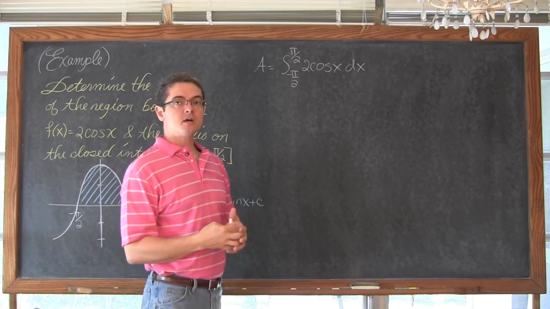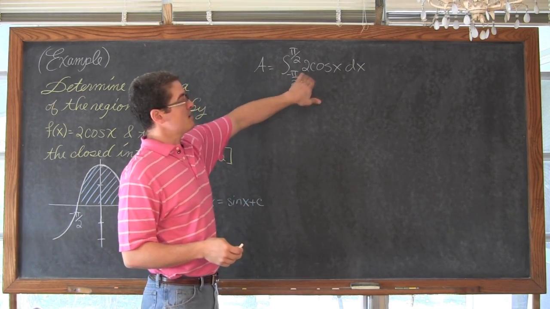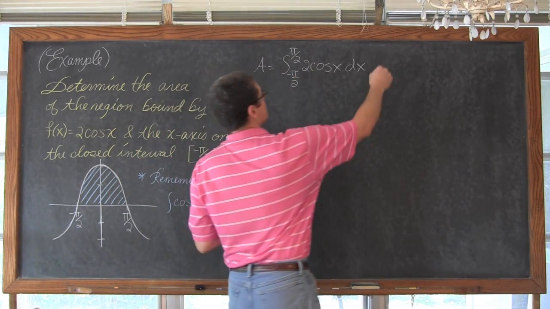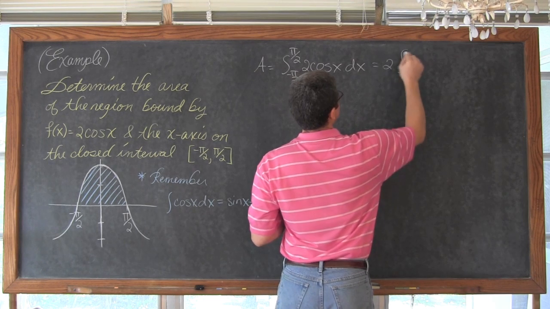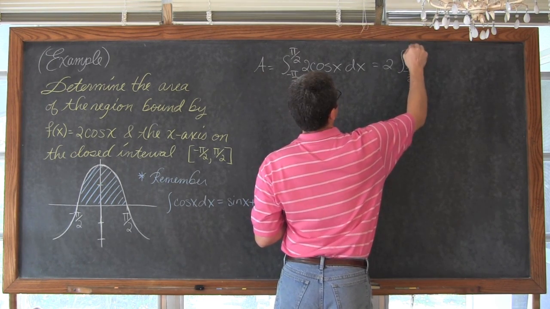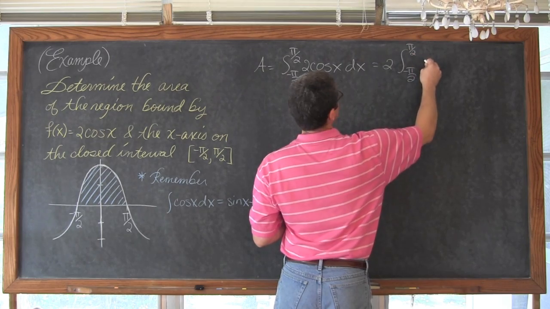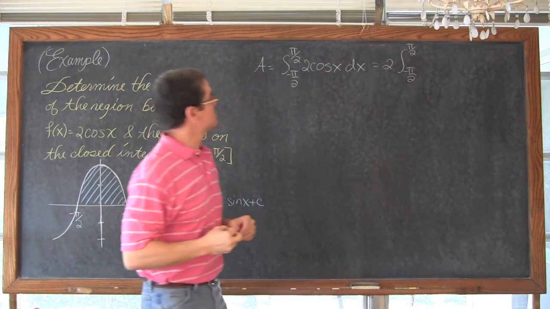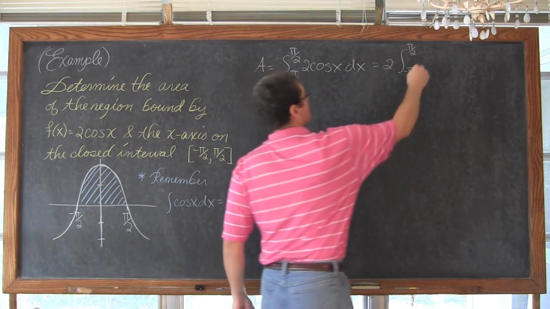One of the properties of integration says we can take this constant and move it out front. So this is equal to 2 times the definite integral from negative pi over 2 to positive pi over 2 of cosine x dx.